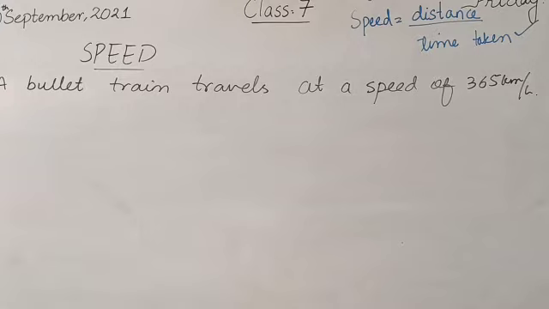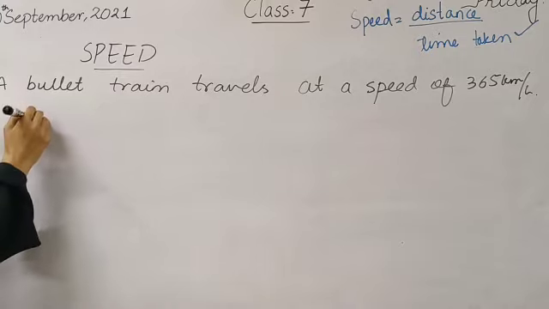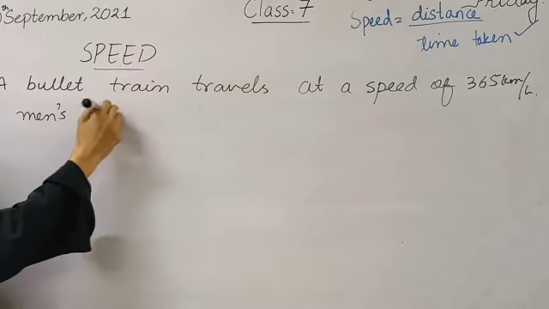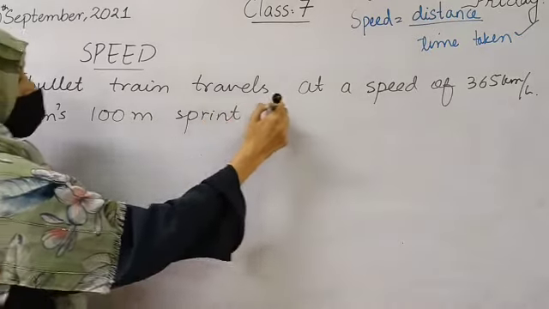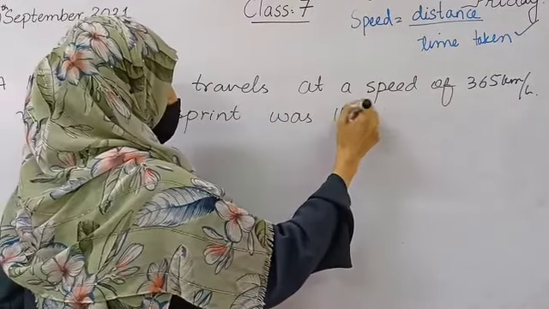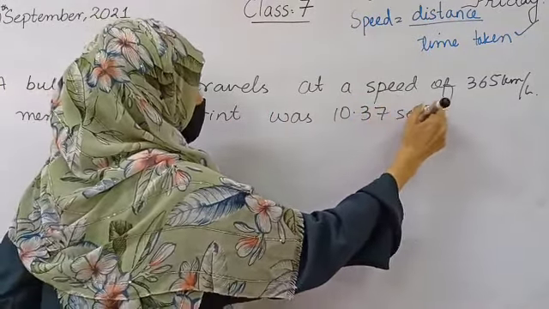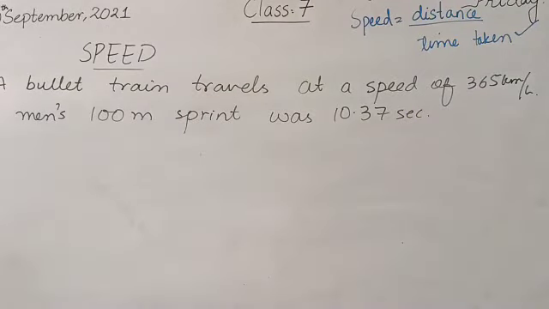Next, in August 2001, Singapore's national record for the men's 100 meter sprint was 10.37 seconds. Okay? How many times is a bullet train as fast as the fastest Singaporean sprinter?